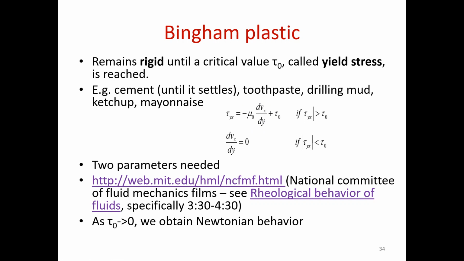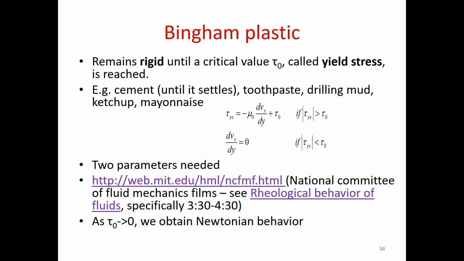If I wanted to express that in a general form, tau yx is some function, and I'm going to now say eta, referring to this viscosity as some sort of non-linear thing, that is possibly a function of a shear rate, times shear rate.